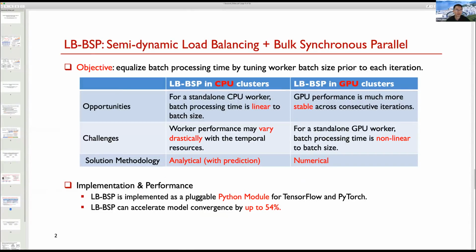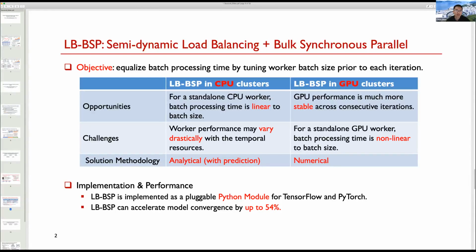For CPU clusters, our profiling work shows that for a standalone CPU worker, its batch processing time is linear to the batch size. However, the challenge is that in shared production clusters, the CPU worker performance may vary drastically with the temporal resources, especially when training with leftover resources.